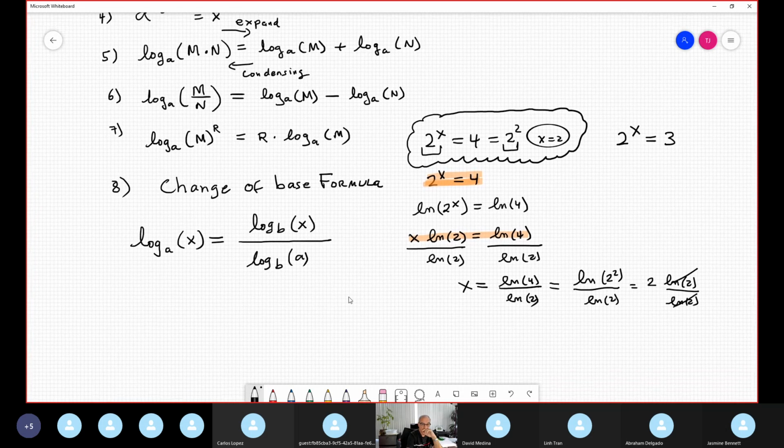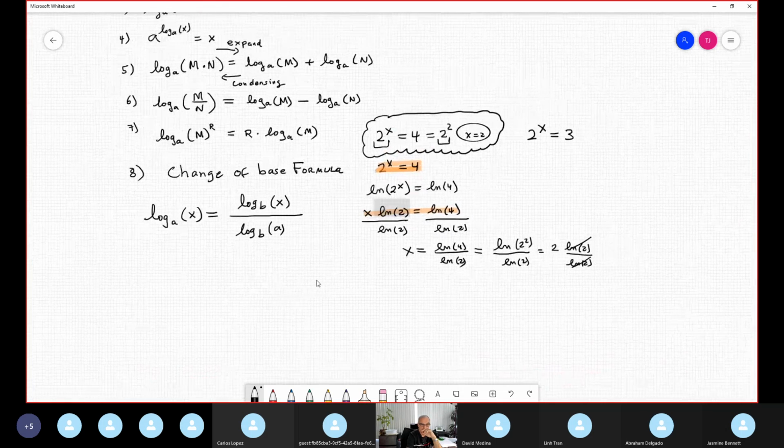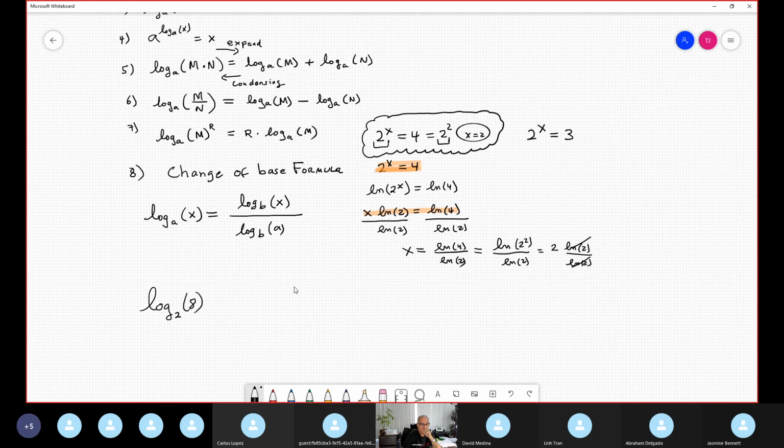Suppose one application of this is that I need to compute logarithm base 2 of 8.